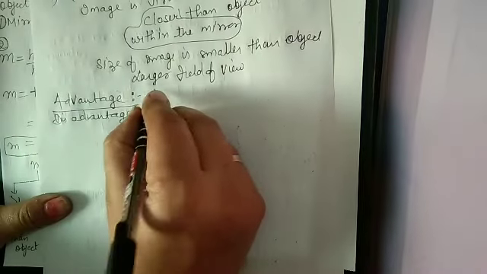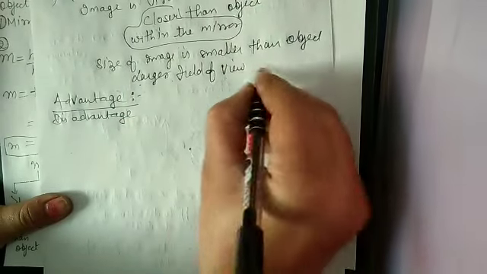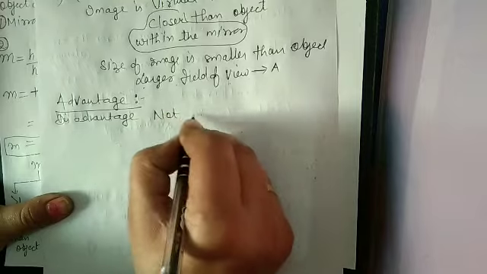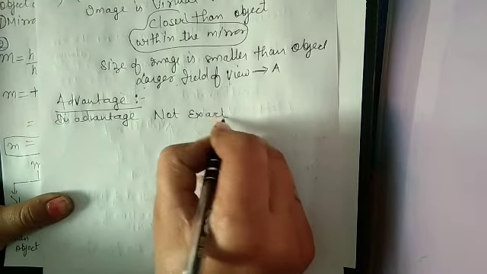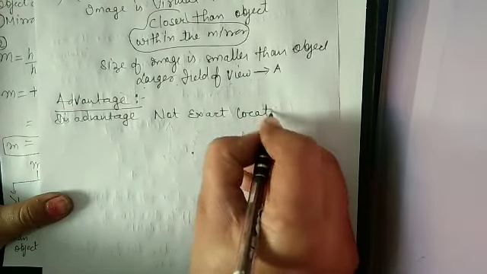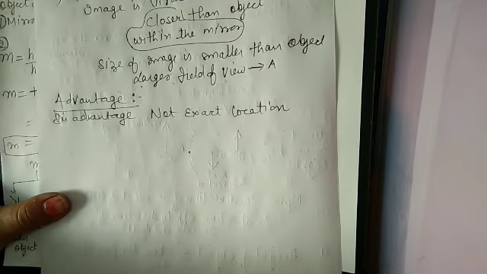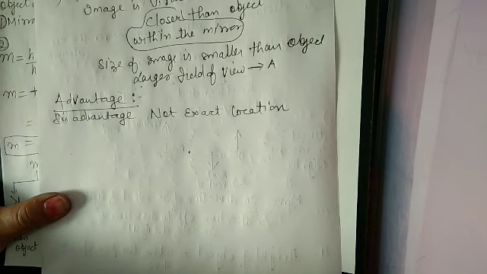Advantage is larger field of view, even vehicles quite far away are visible. Disadvantage is exact location cannot be visualized, means actually the bus was located at 5 meter but image was formed at 1.15 meter, means actual location of object cannot be estimated.